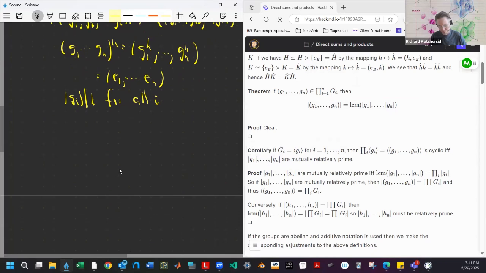So in particular, in this case, where Gi is a cyclic group generated by gi, just to make sure we understand this. Whoops, I didn't need that on both sides, did I? And I'm going to take G to be the product, G1 cross through Gn, like that.